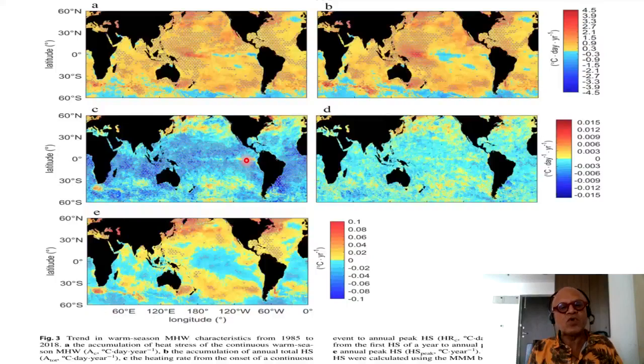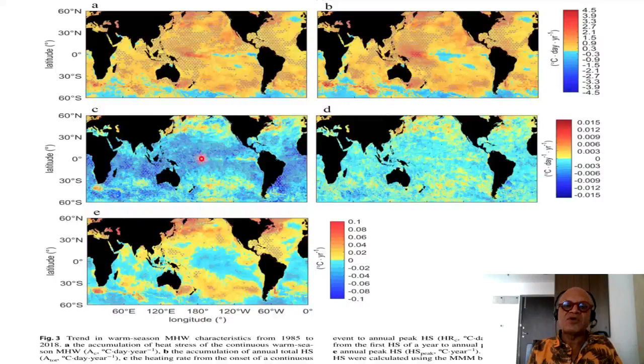So if with the warming East Pacific warms less than the West Pacific, then the sea surface temperature gradient will get stronger, winds will get stronger, which means upwelling will get stronger, so the ocean's ability to take up heat will get stronger, which means the warming will be modulated.